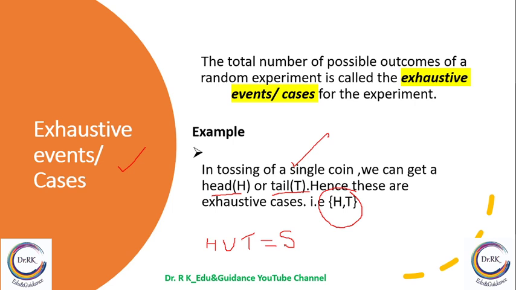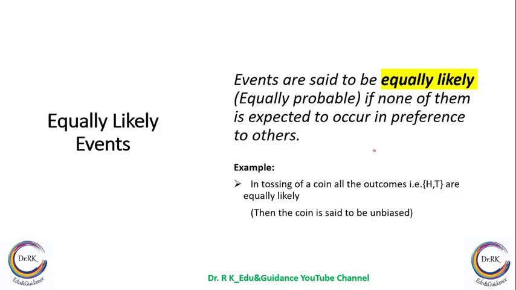Whatever all possible events we define on the sample space, if we take the union of all these events, then we need to get the sample space. Then we say all these events are exhaustive events or exhaustive cases. So these are the definitions which we require and we are going to use regularly.